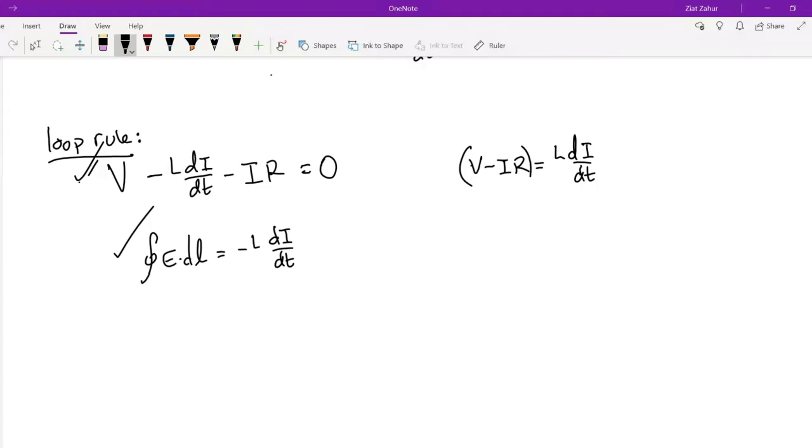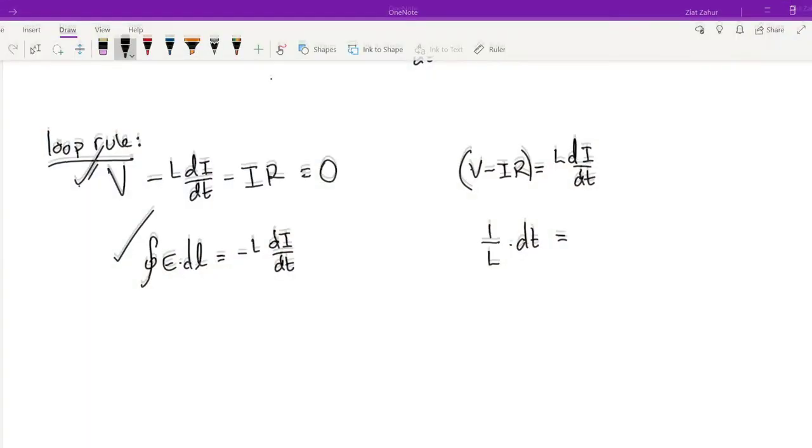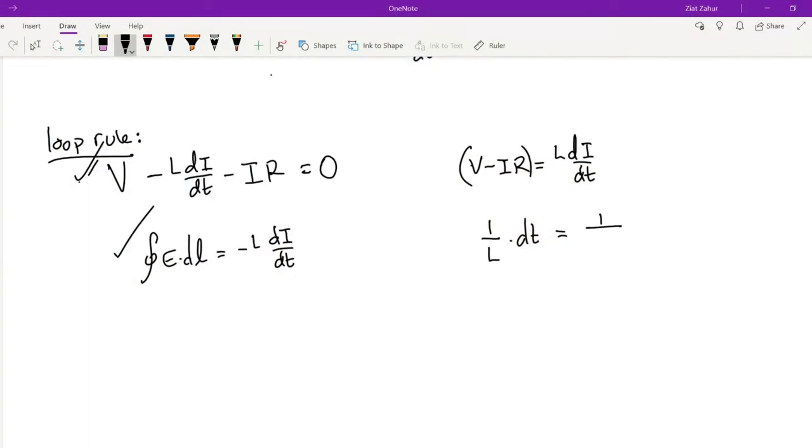So basically we have 1 over L times dt is equal to 1 over (V minus IR) times di. Okay, and we need to integrate both sides. So let's go and integrate.